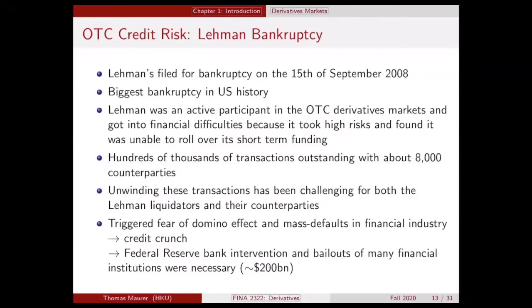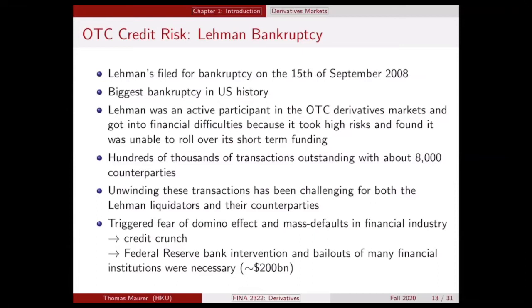So Lehman was a very active participant in over-the-counter traded derivative markets, and they had a lot of risk exposures in these markets. Just to illustrate how active they were, they actually had hundreds of thousands of different transactions outstanding at the time when they went bankrupt, and they had about 8,000 counterparties, which included other big financial institutions like Goldman Sachs, Bank of America, HSBC, and the list goes on.